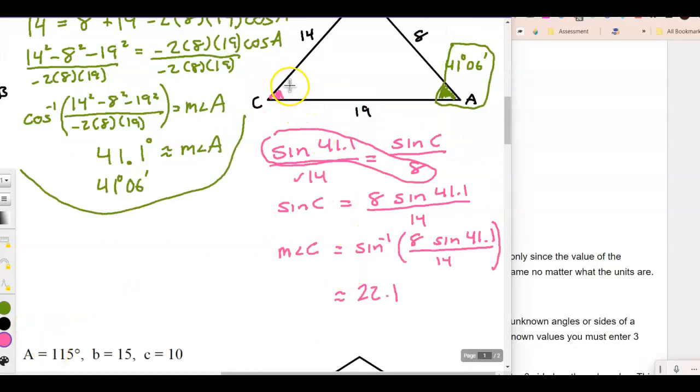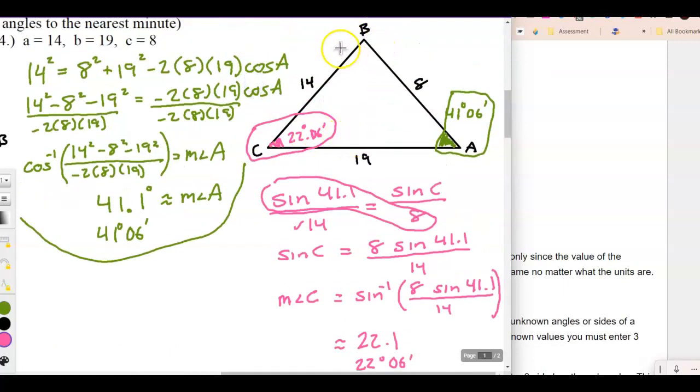We have to make that minutes, so we'll have 22, and since this is 0.1, I already know it's 6 minutes. So let's see here, 22 degrees and 6 minutes. There we go. And for the third angle, I can just subtract from 180.